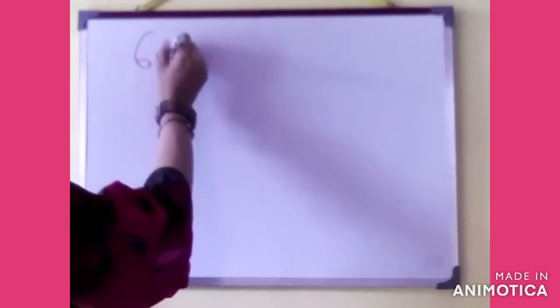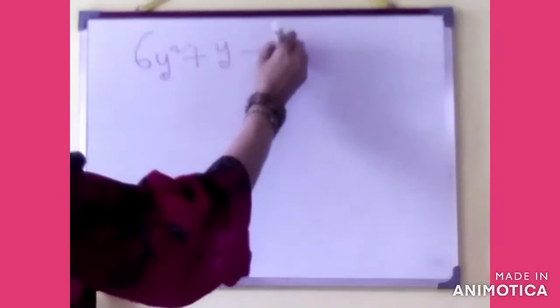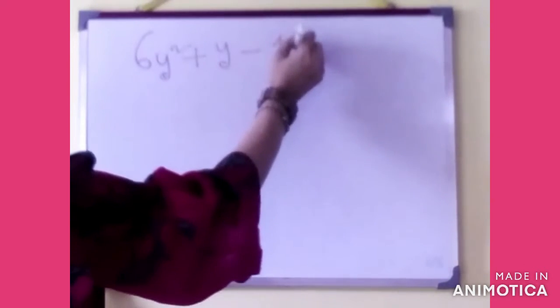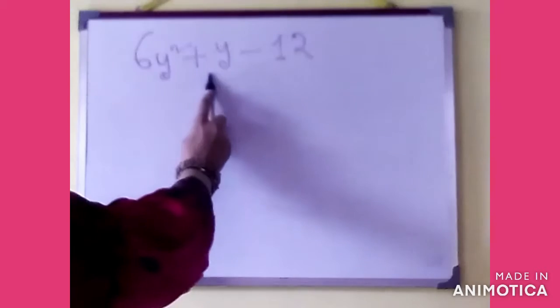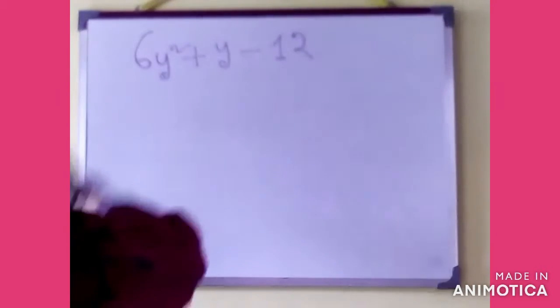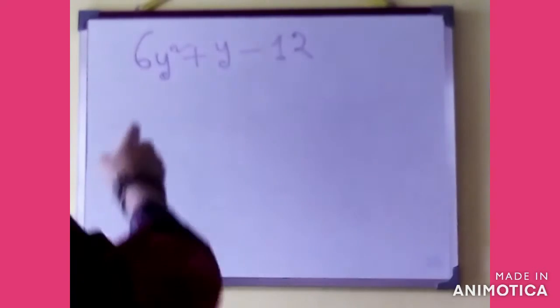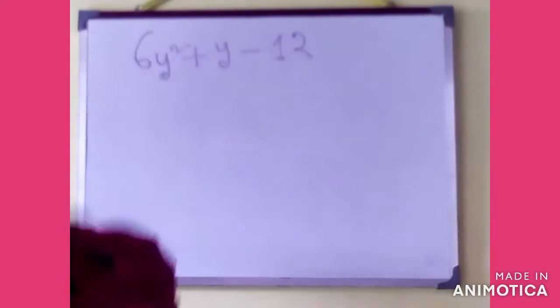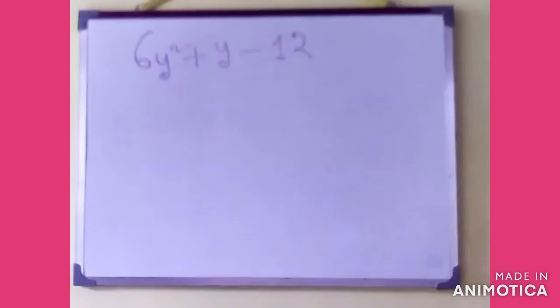6y square plus y minus 12. So here a is 6, b is 1 and c is minus 12. We will just take the numeric value first, not the sign. So a is 6 and c is 12.